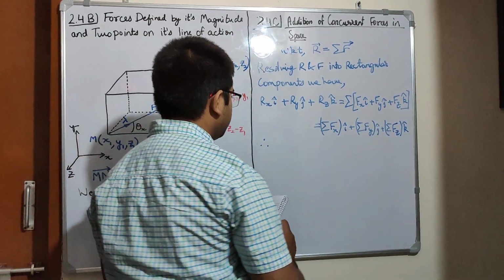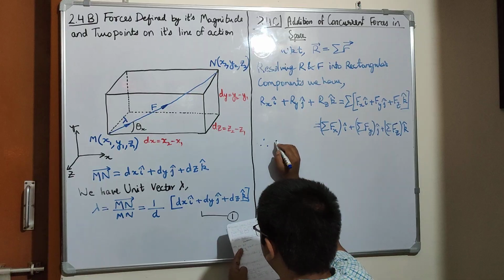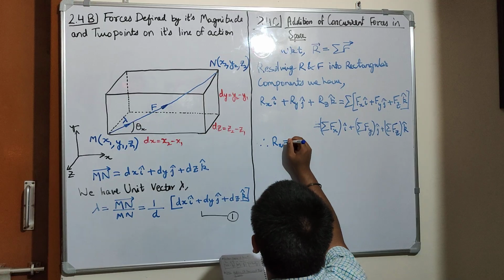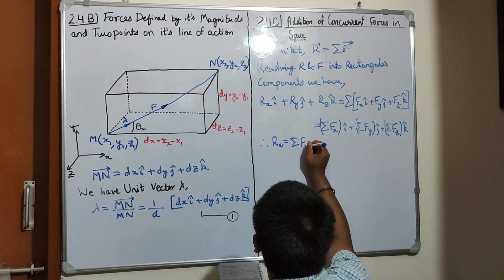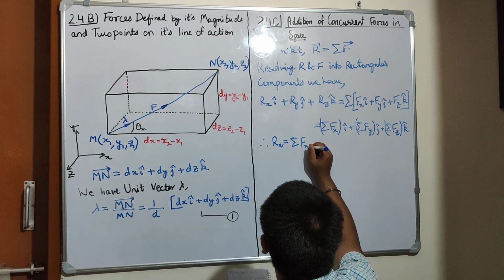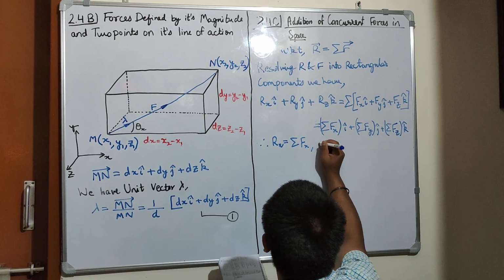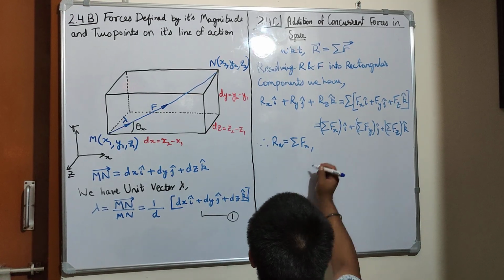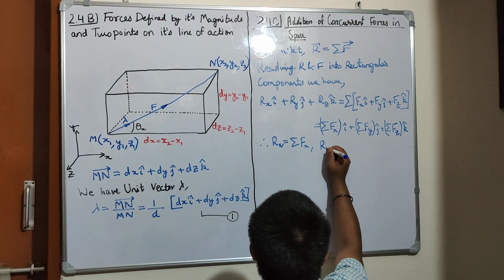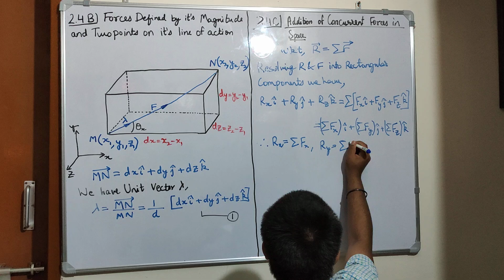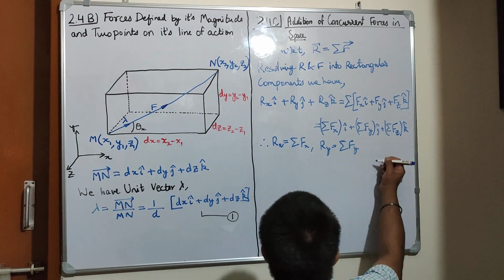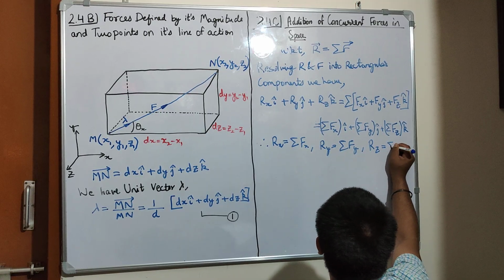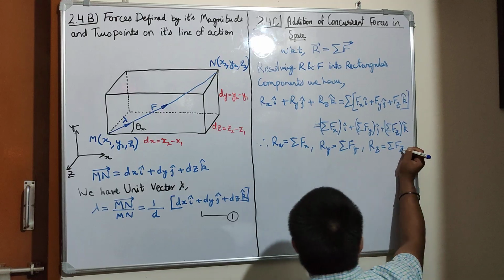I can write this here. Rx is equal to summation Fx, Ry is equal to summation Fy, and Rz equals summation Fz.